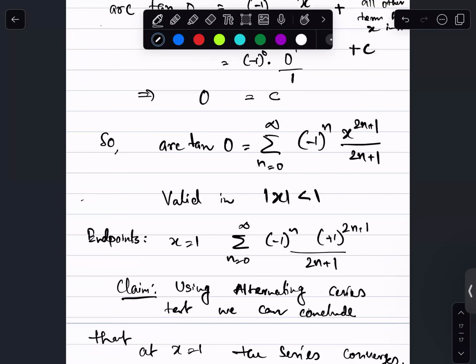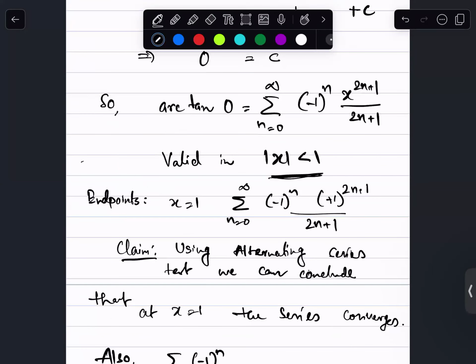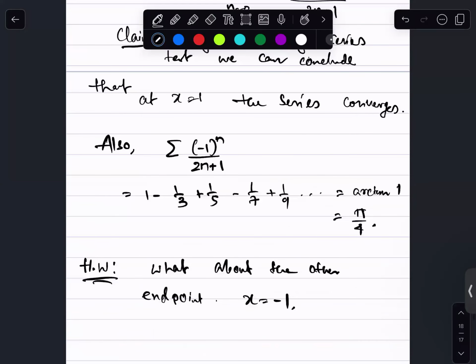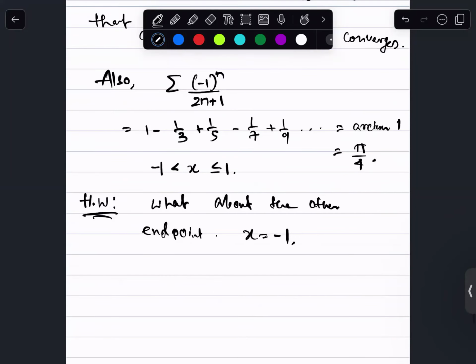Okay. So I can extend the range of the interval a little bit at least. I know that now this interval becomes at least minus 1 to 1. Okay, 1 is also included this time. But you have to do the same sort of calculations for minus 1 and then see if minus 1 should be included or not.